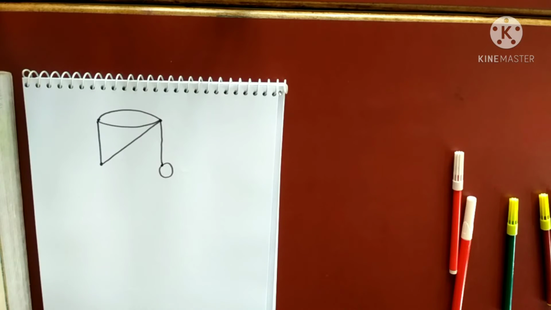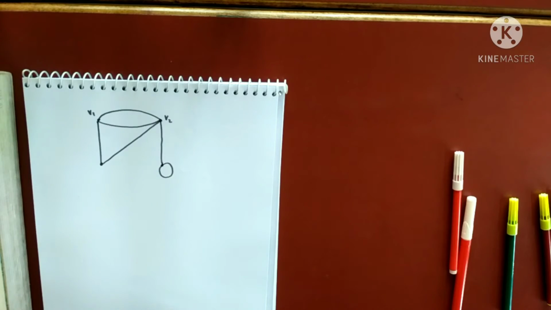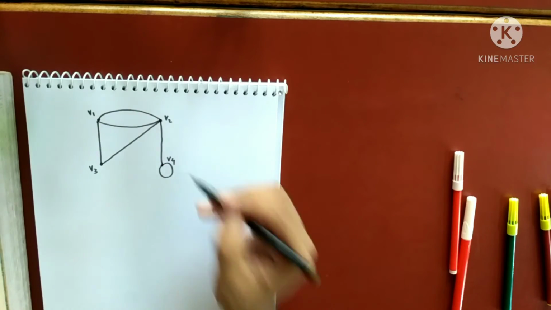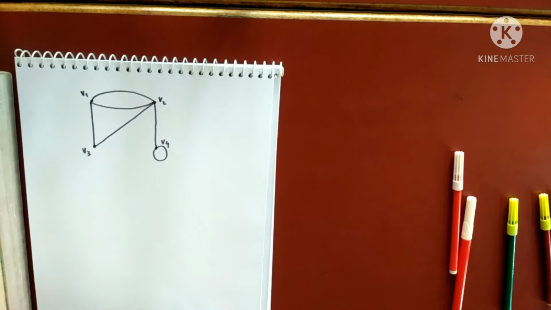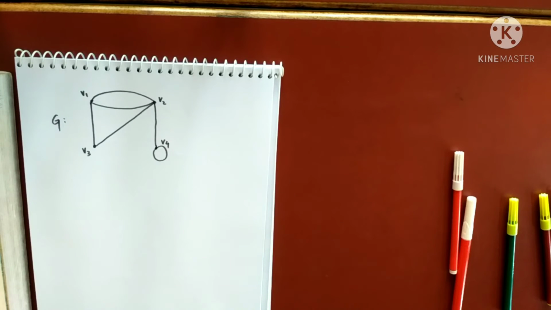Okay, V1, V2, V3, V4. So very quickly determine the adjacency matrix of this graph G. Very quickly draw the adjacency matrix of this graph G.